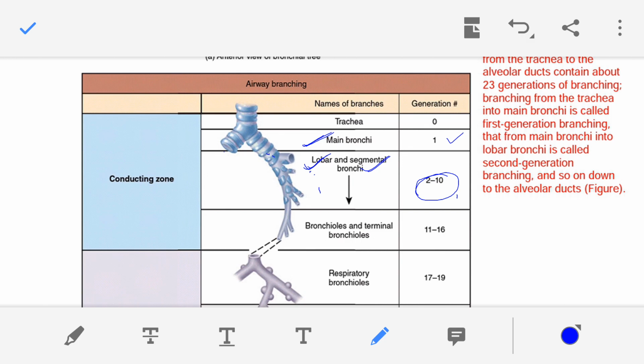Then after the 10th generation, the segmental bronchi further divide into bronchioles, and the bronchioles divide into terminal bronchioles. So from bronchiole to terminal bronchiole, there are 11 to 16 generations.